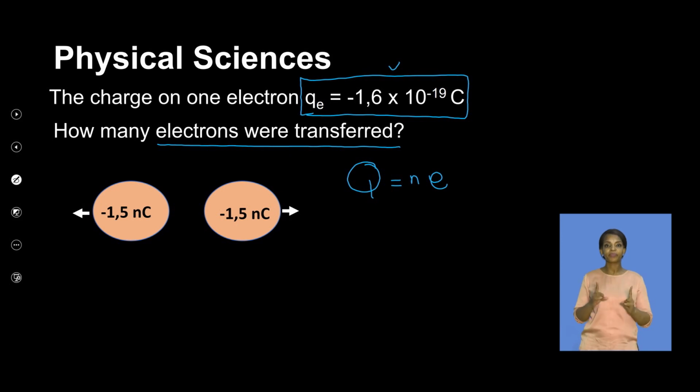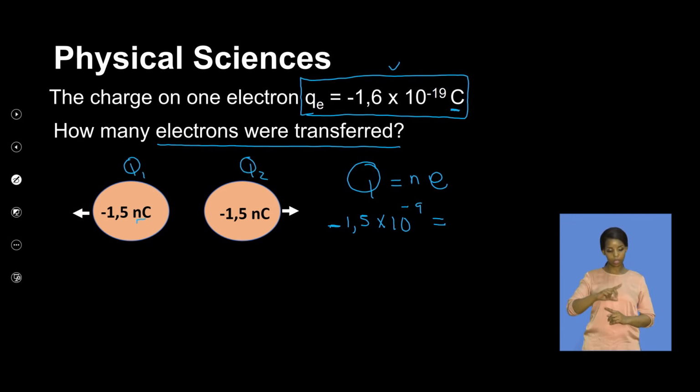So if we talk about Q1 for argument's sake, the number of electrons that Q1 gained. If we ask what's the new charge for Q1, that new charge is negative 1,5 times 10 exponent negative 9. Why are we doing that? Because the elementary charge is in coulombs, while the charge of Q1 is in nanocoulombs. So take note of that.